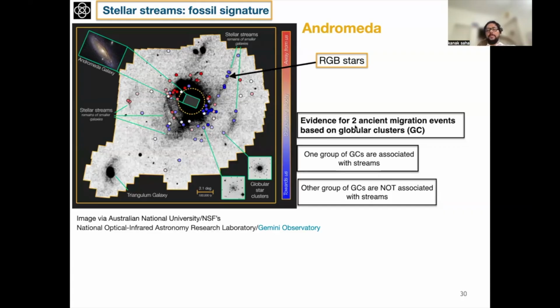Now there is evidence of two ancient merger events. When the satellites fell and formed these streams, they not only brought stars which got mixed in the halo, but they also brought globular clusters with them. These globular clusters are star clusters, and sometimes they are associated with the streams, and sometimes they are not. So they can also be used to separate the origin of the stellar streams in Andromeda.